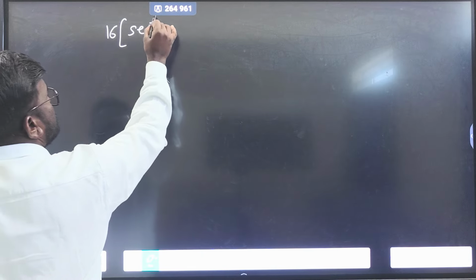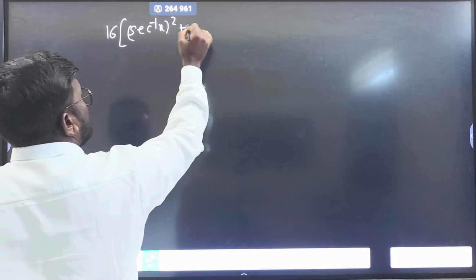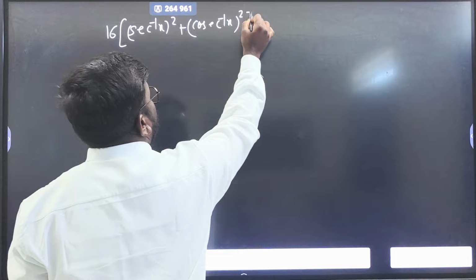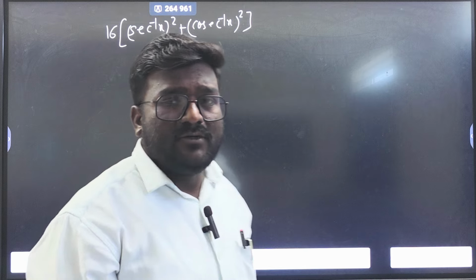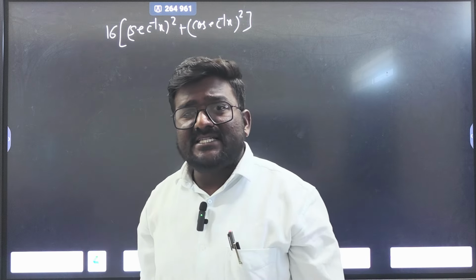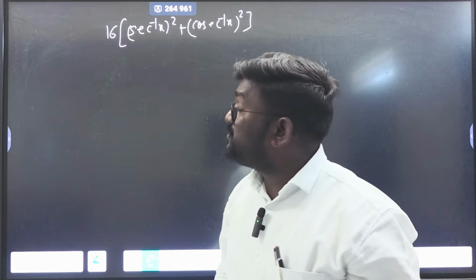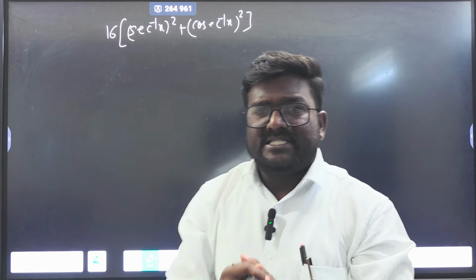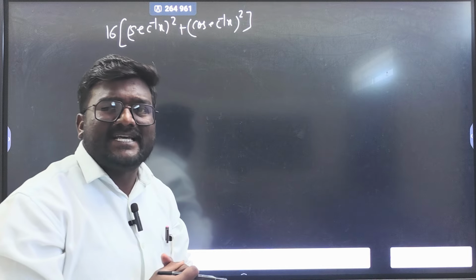Using the principal values of inverse trigonometric function, you have to find the sum of the maximum and the minimum value of 16 times (sec inverse x squared plus cosec inverse x squared). You have to take the principal values of sec inverse x and cosec inverse x. After that, you have to find the sum of the minimum and the maximum value.